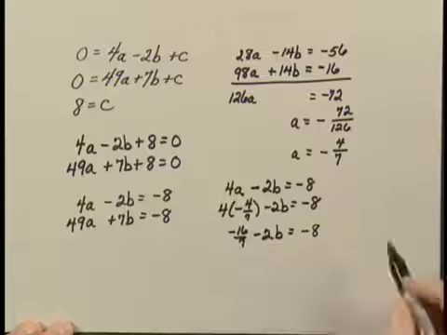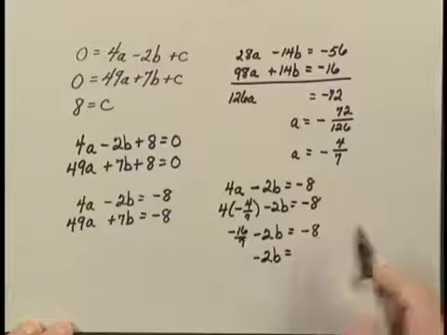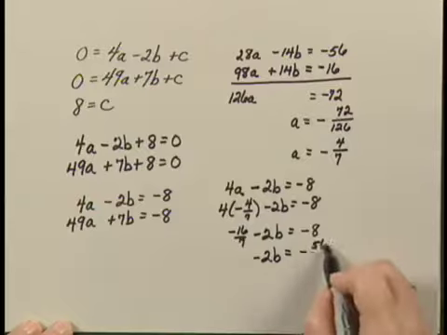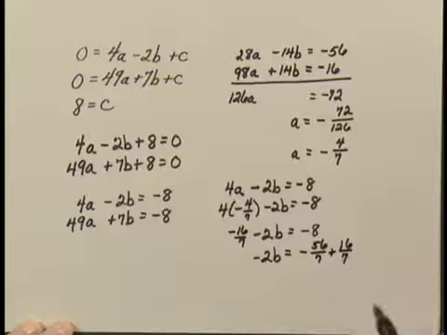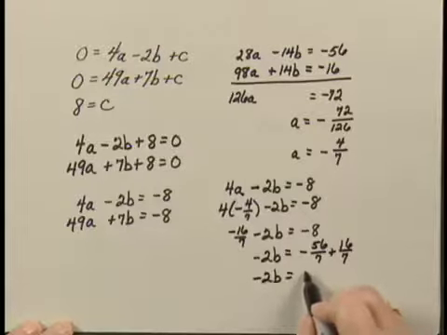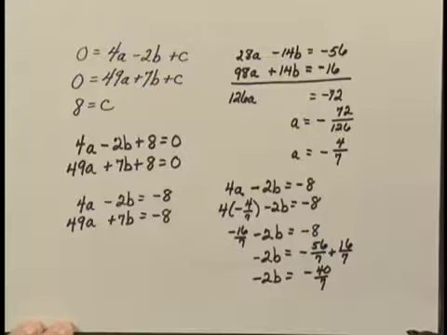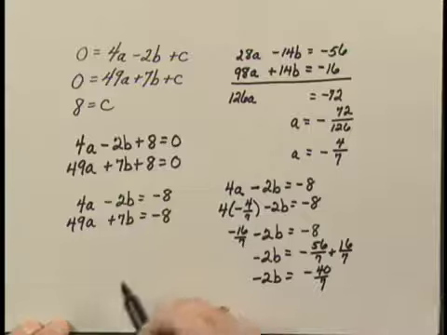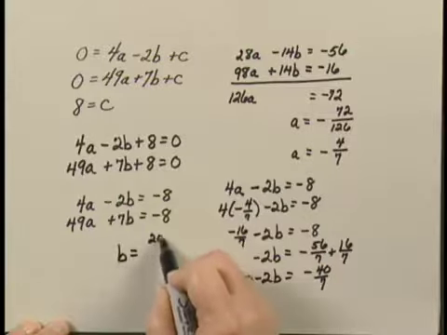Adding 16/7 on both sides, I have -2b equals, I'll write this as sevenths, -56/7 + 16/7. So -2b = -40/7. Dividing both sides by -2, I have that b = 20/7.